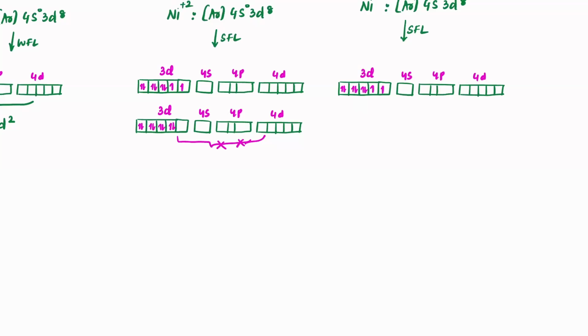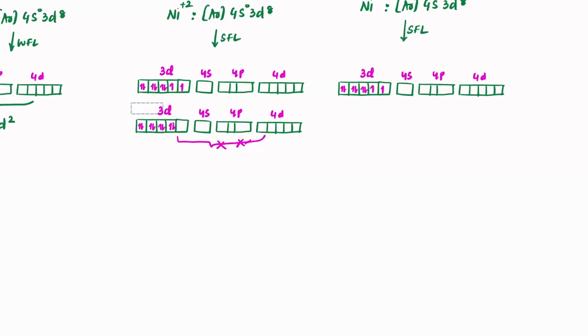Clear. So since this hybridization is not possible even after pairing, it is not useful to pair it. We should never pair electrons unless we have a use for it. So pairing here is not helping.